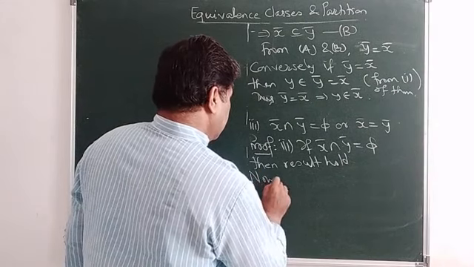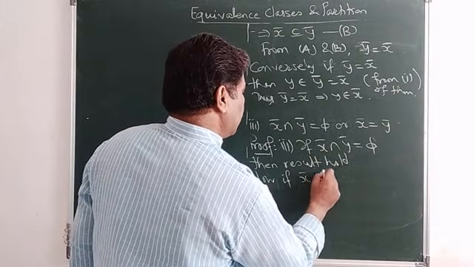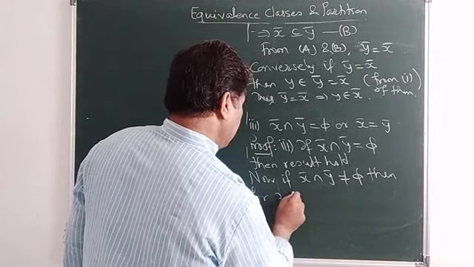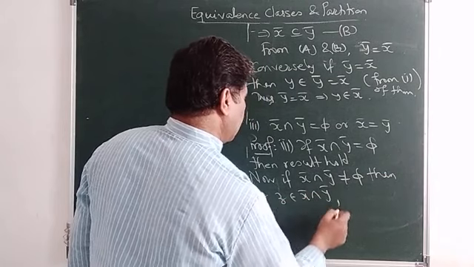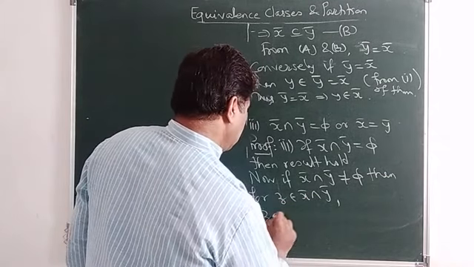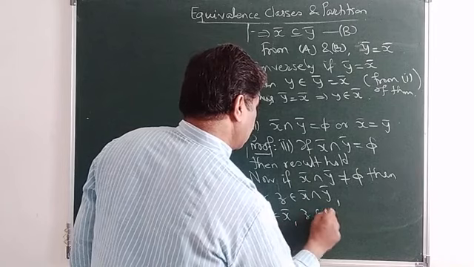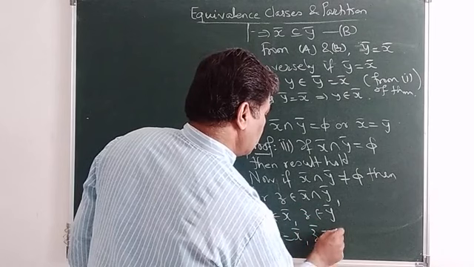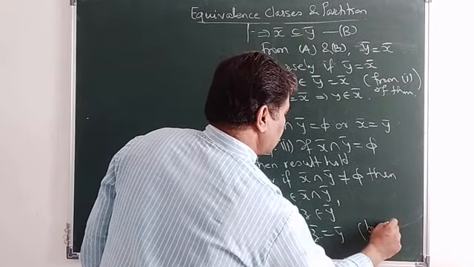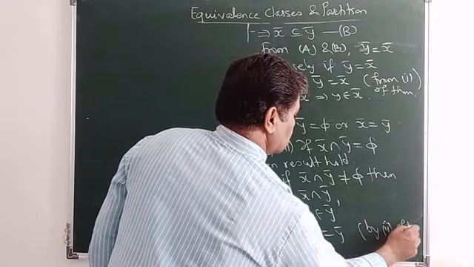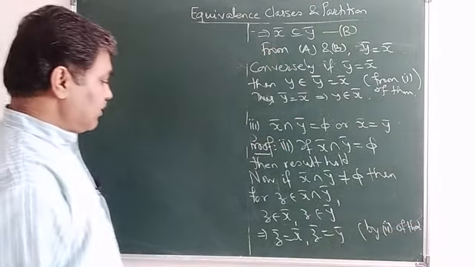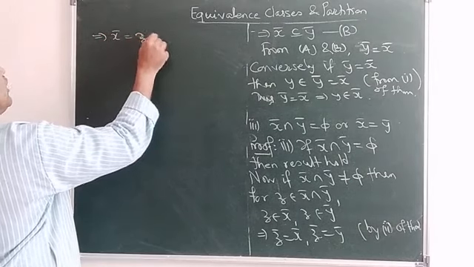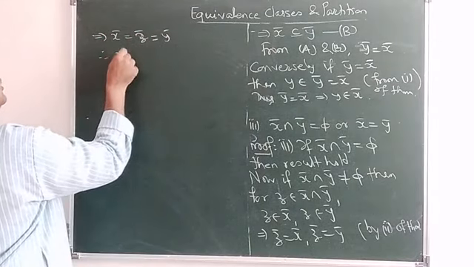Now, if x bar intersection y bar is not equal to phi, then for some element z belonging to x bar intersection y bar, z belongs to x bar, and z belongs to y bar, which implies z bar is equal to x bar, and z bar is equal to y bar by the second part of the theorem. This implies x bar is equal to z bar is equal to y bar, and therefore x bar is equal to y bar.